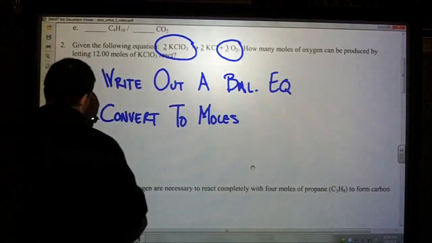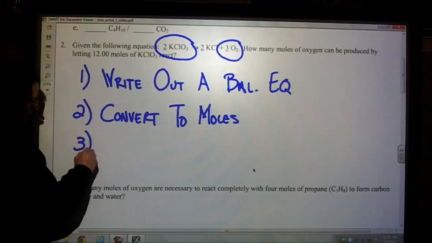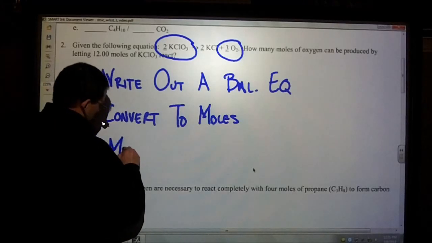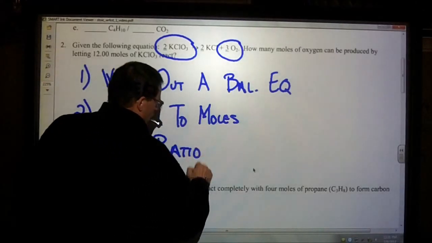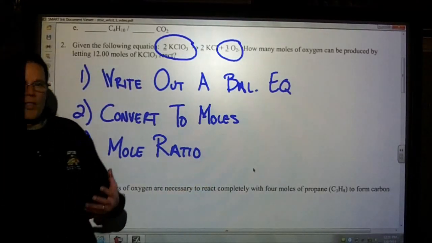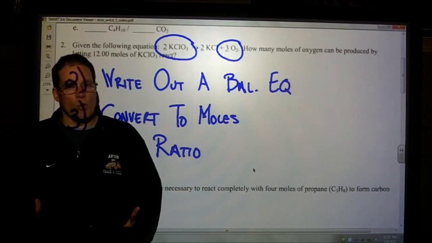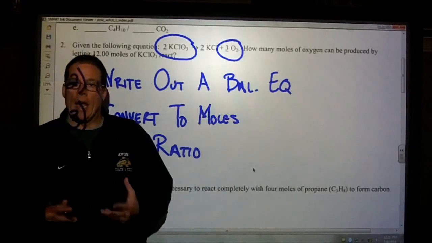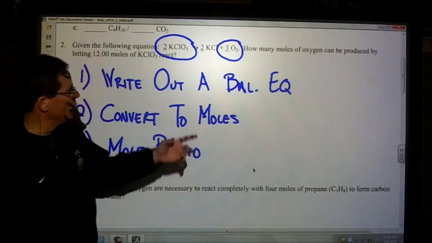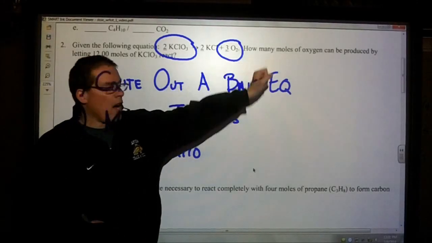All right, step 3 is use the mole ratio. And again, the whole point of the mole ratio is so that we can get rid of the substance that we started with or that we know, like in this case we had 12 moles of potassium chlorate, and then convert it into moles of what we're looking for, moles of oxygen.